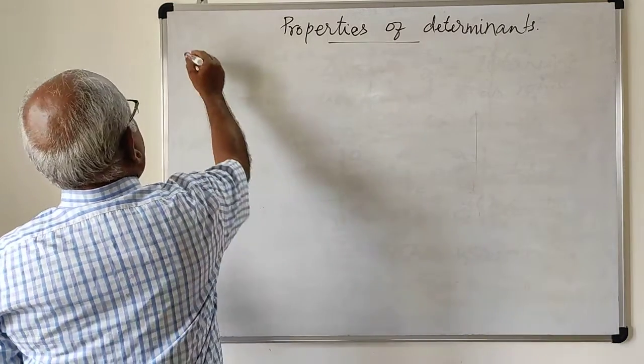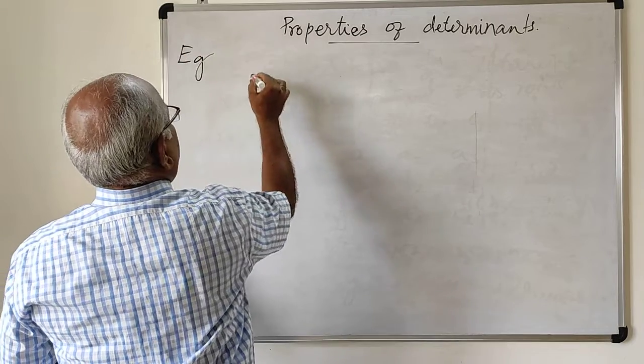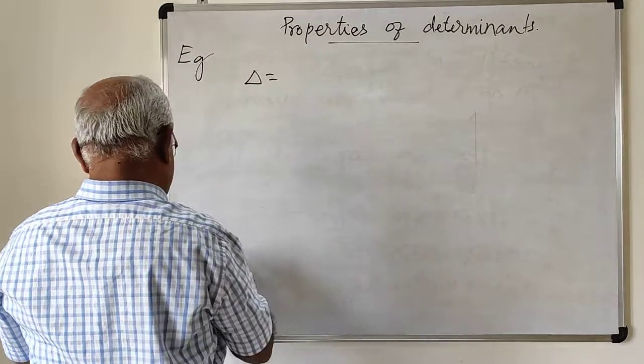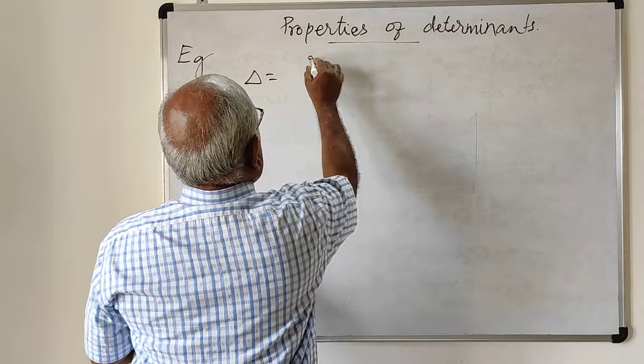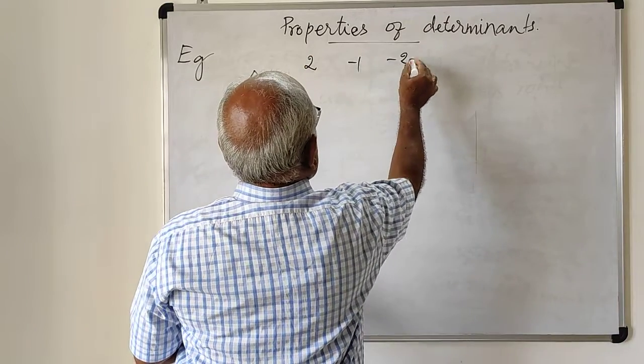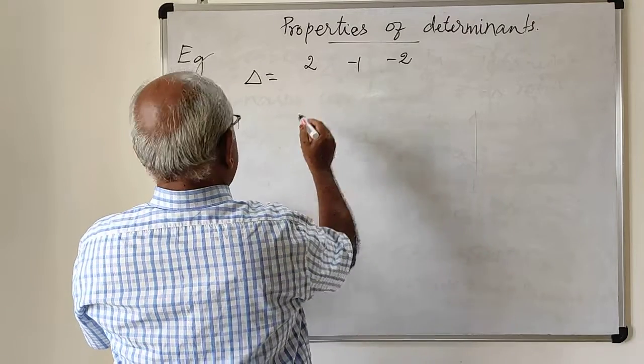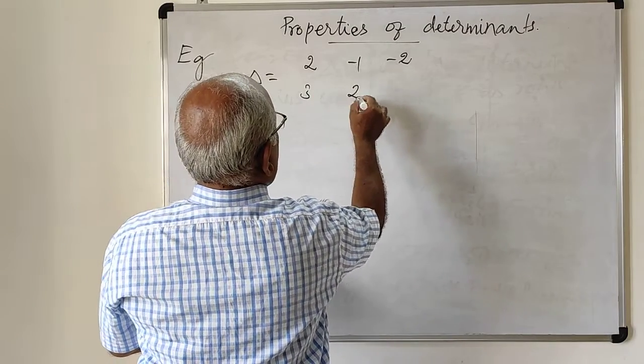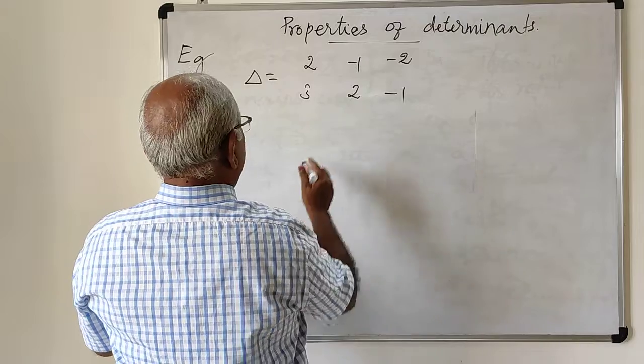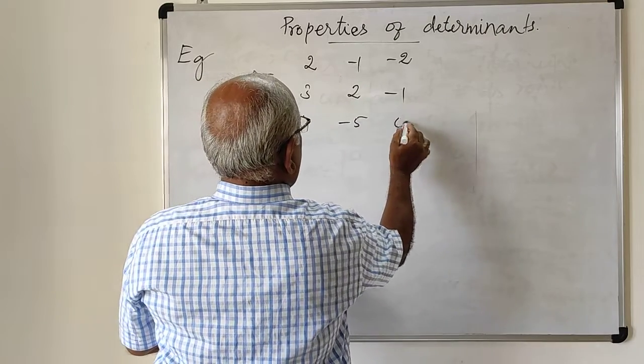Consider an example. Delta equals the determinant with rows 2, minus 1, minus 2; 3, 2, minus 1; 1, minus 5, 0.